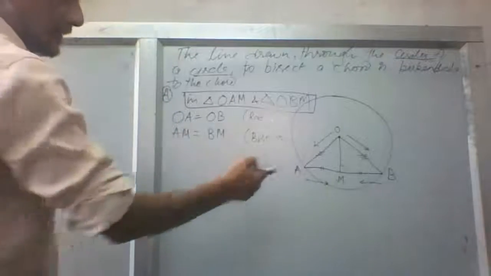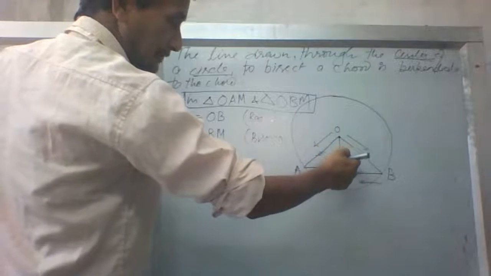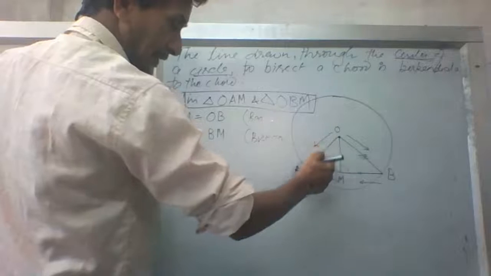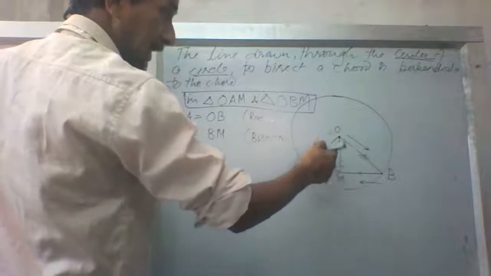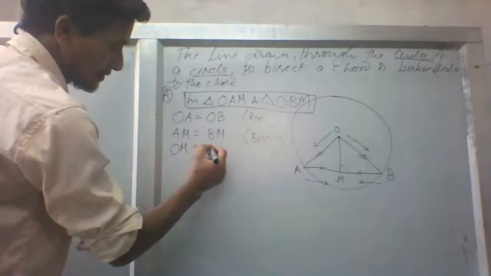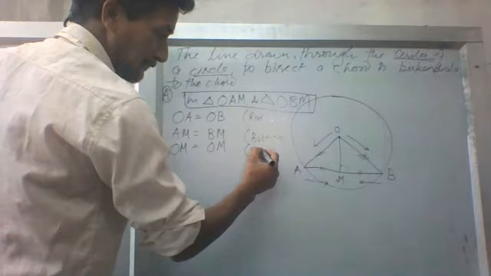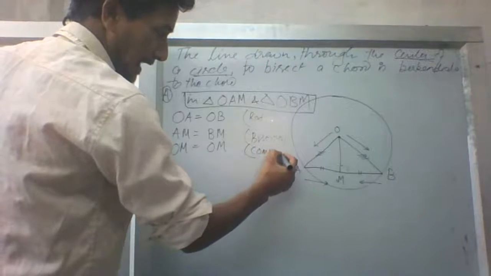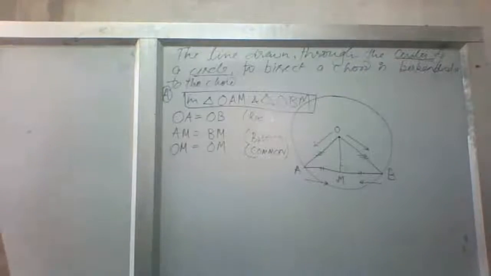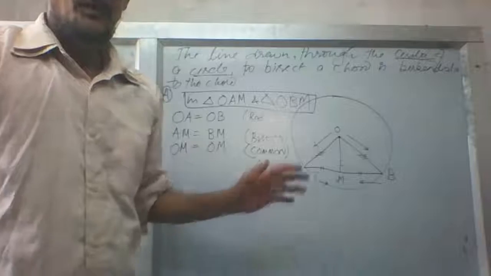It's a part of this and a part of this, it means it's a common boundary of both the triangles. Hence, we will define it like this. OM is equal to OM, in bracket you will write COMMON. So this is common. Got it?